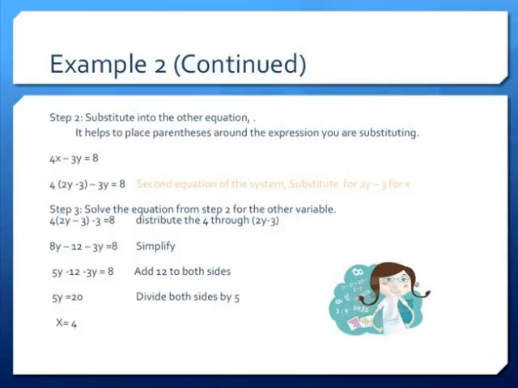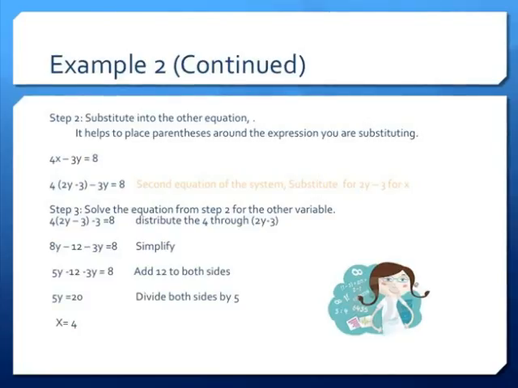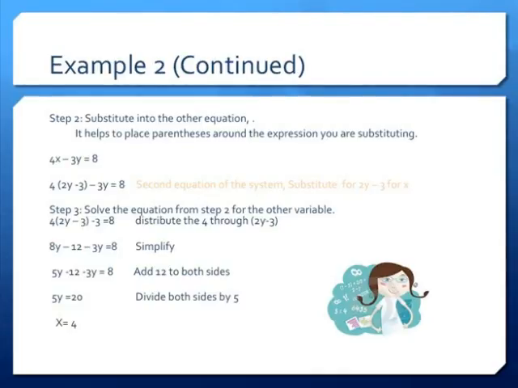Therefore, 8y minus 3y is 5y. And that leaves us with 5y minus 12 equals 8. But we need to add 12 to both sides. So we get 5y equals 20. Now we need to divide both sides by 5, and we find y to be 4.